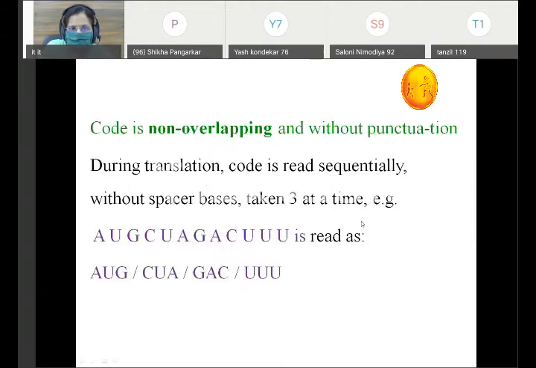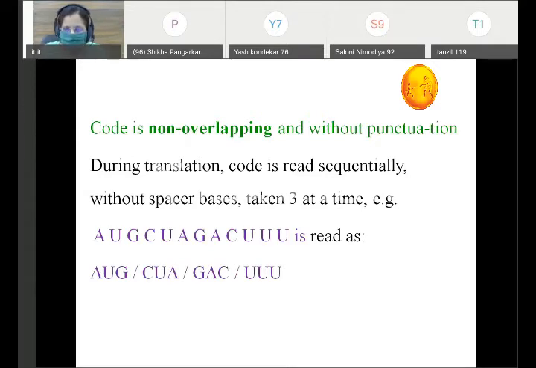Now, the next property is that the genetic code is non-overlapping and without any punctuation. As you can see over here, during translation, the code is read sequentially, without any spacing in the nitrogen bases.